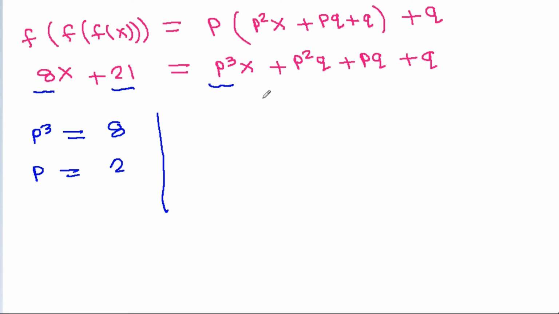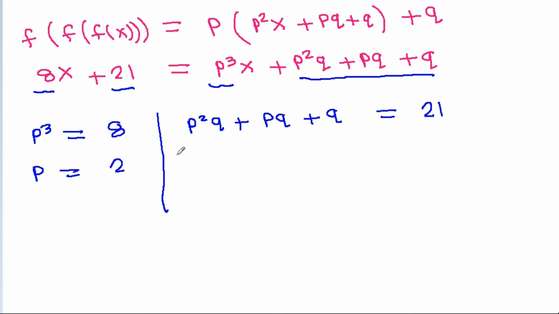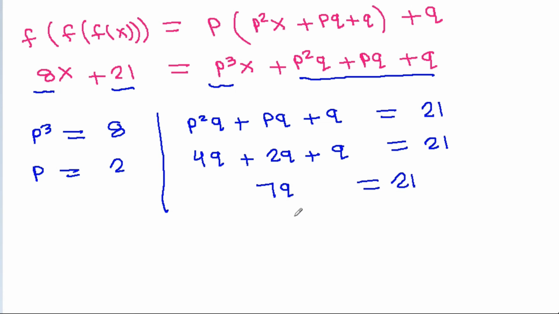And if we compare the constant term, then we will get p squared q plus pq plus q is equal to 21, and p is 2, so p squared will be 4q plus 2q plus q is equal to 21, and it is 7q is equal to 21, or q is equal to 3.